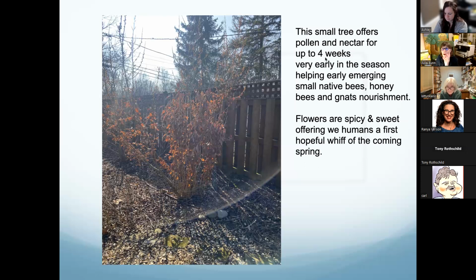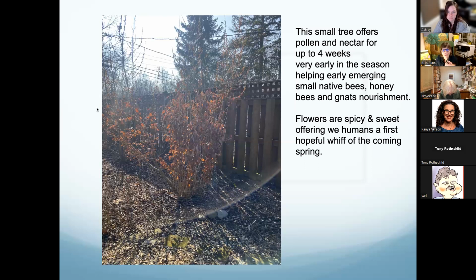So it offers pollen and nectar for up to 4 weeks. And this was blooming already in February this year, people. That's crazy. I've seen it do it once before in an El Nino year that early. But it does a great job of being available for those early emerging small native bees, the honeybees and the gnats, which are really good for the birds.